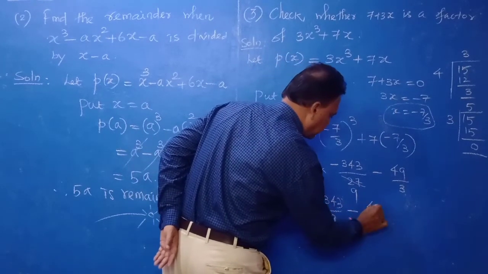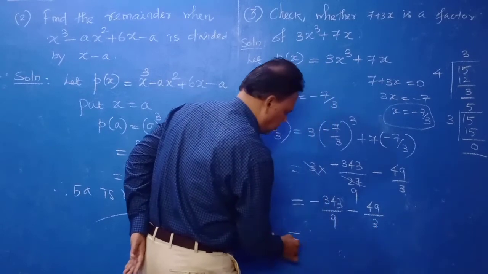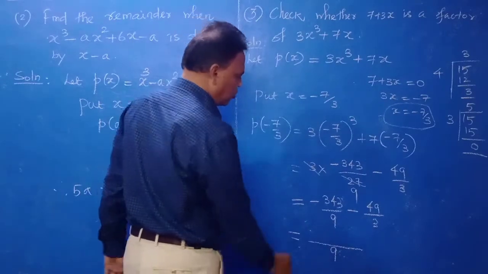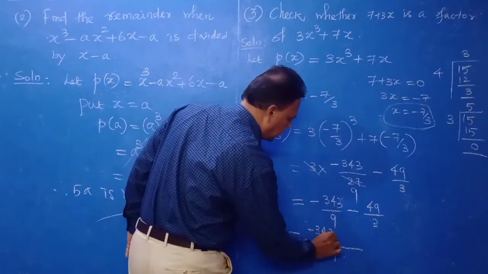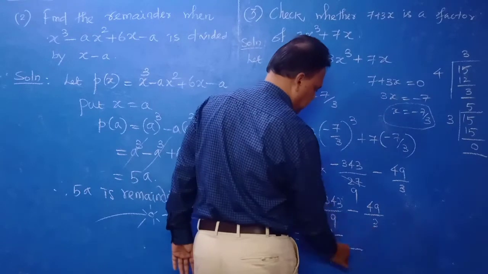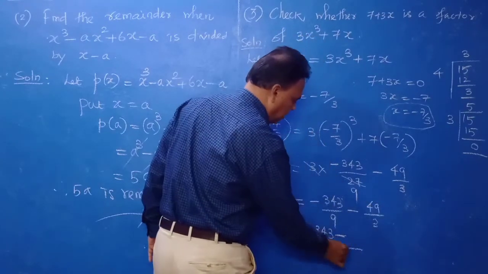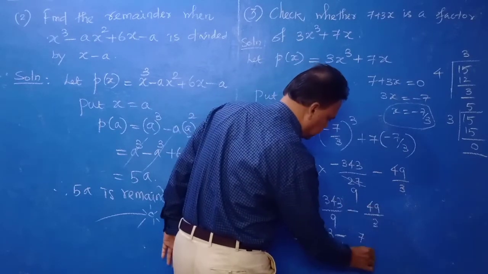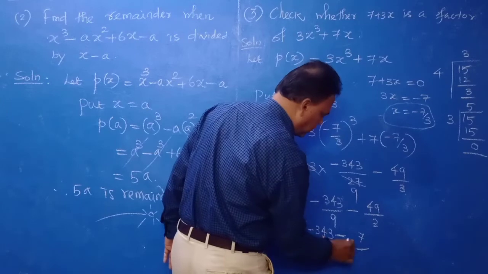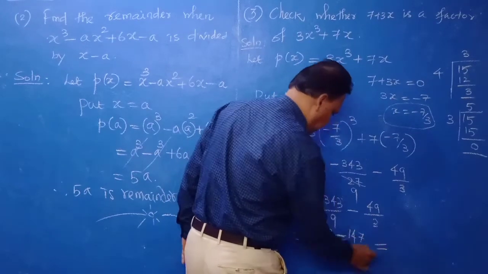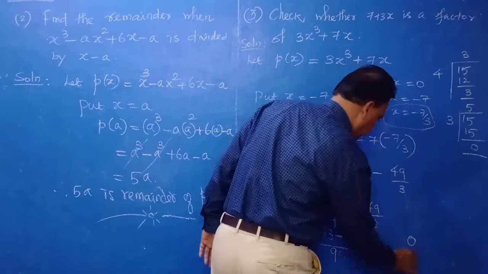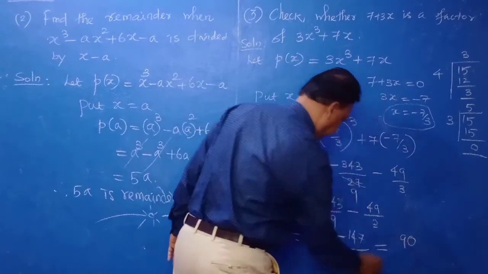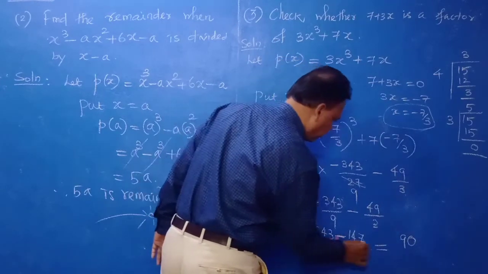Minus 49 by 3. Now 9 is the LCM, take 9. So minus 343, and here multiply by 3: 49 times 3 is 147. Adding, we get minus 490.